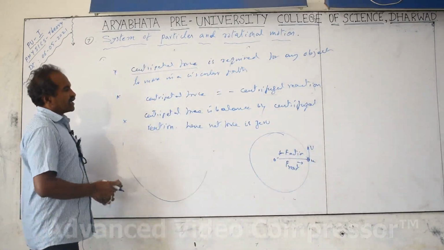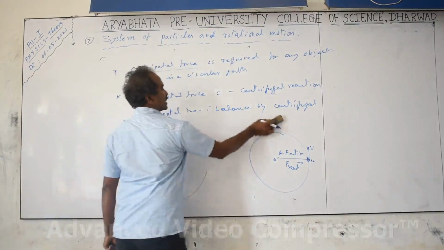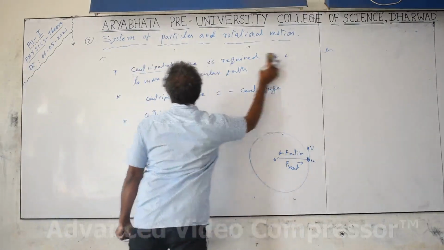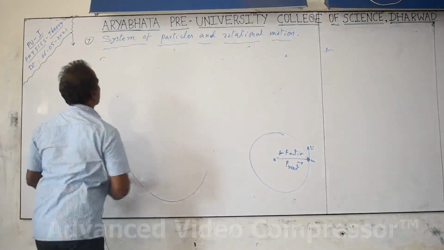Then what is providing the centripetal force? For any object, centripetal force is compulsory, so examples are required of objects moving in a circular path where the centripetal force is provided.